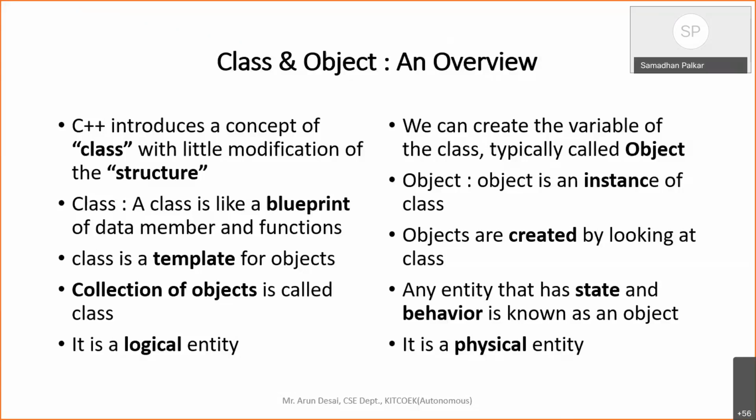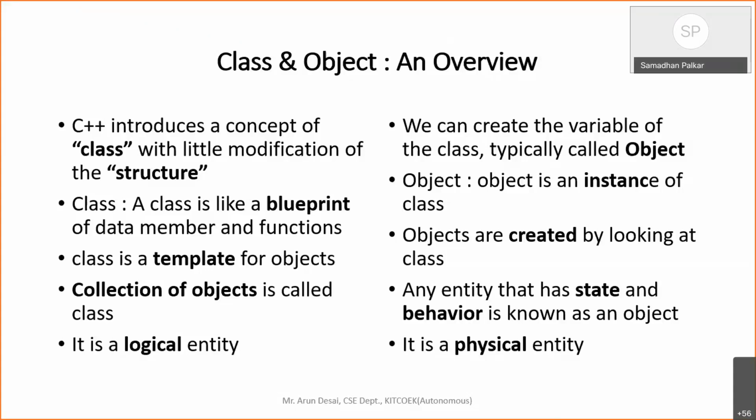Whereas when we create an object by looking at a class, it will have physical memory. To store an object, we require memory. For that reason, it is called a physical entity.